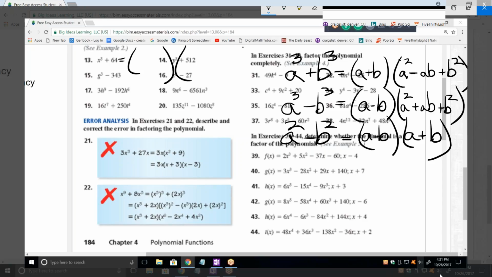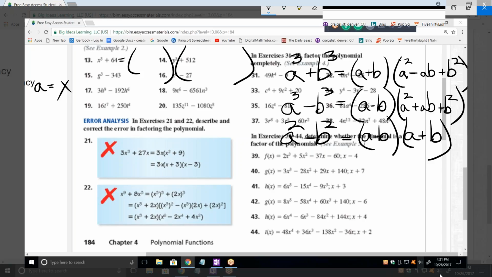So what is A plus B? First of all, tell me what A is. X. Oh, X, right. In other words, I'm looking at A cubed. That's equal to X cubed.